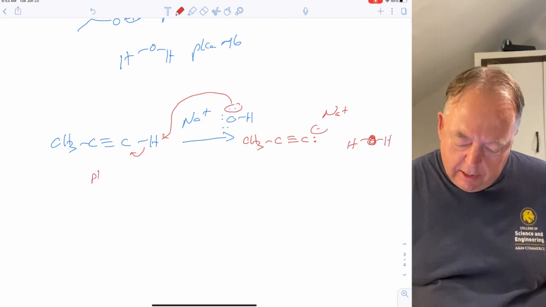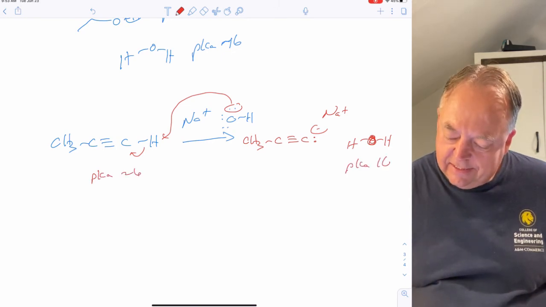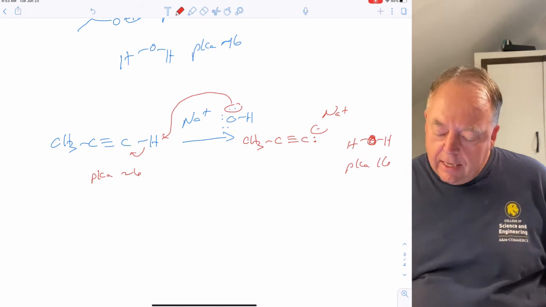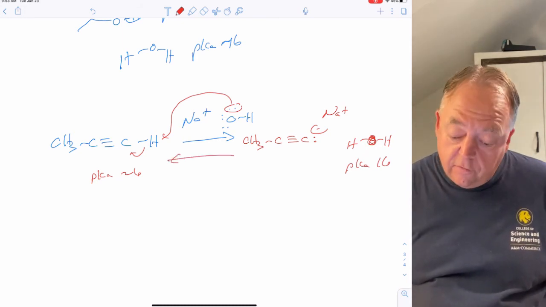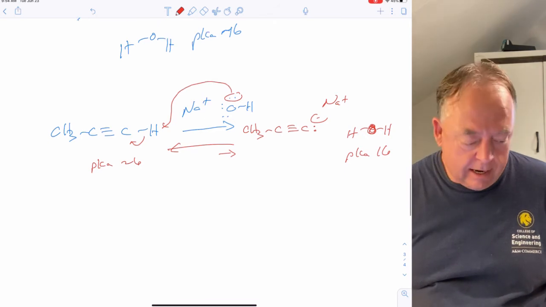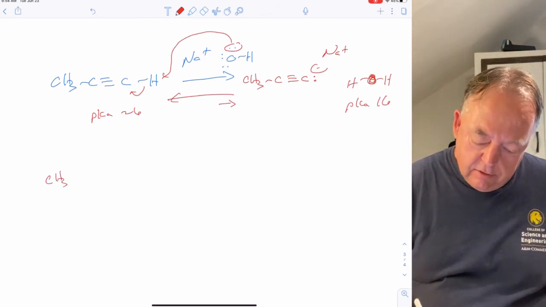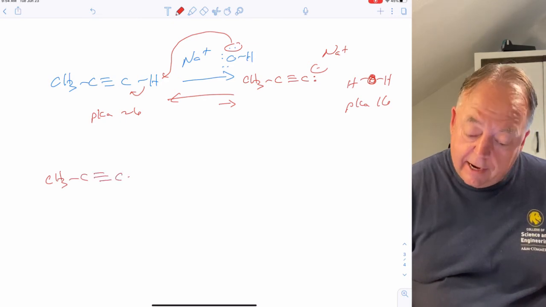But this has a pKa of 26 and this has a pKa of 16. So where does the equilibrium lie? The equilibrium would lie far to the left, right? Because water is more acidic than the alkyne is. So you need a little bit stronger base than that to remove the hydrogen.